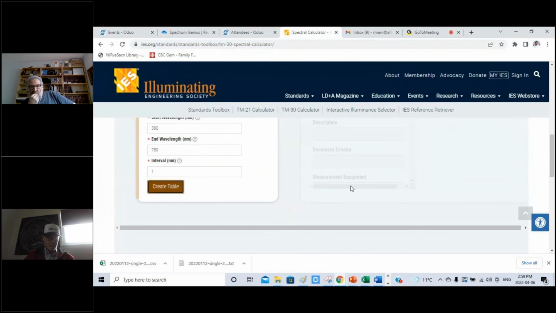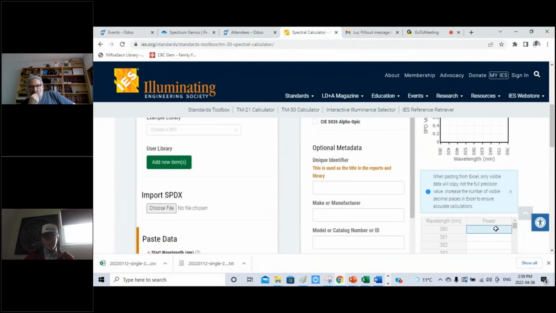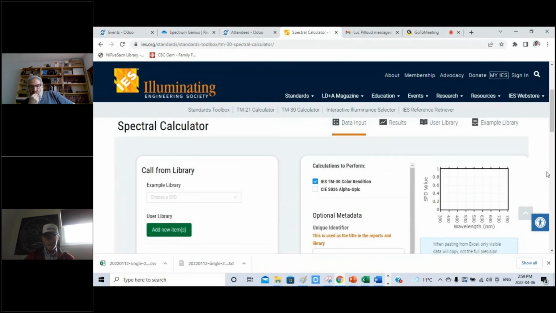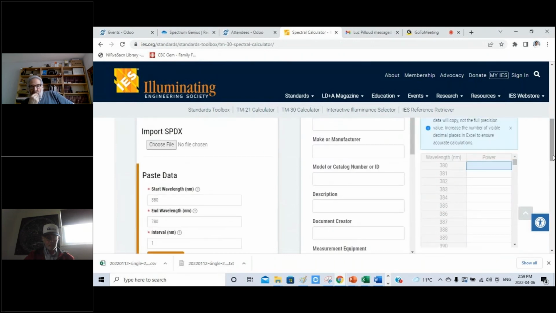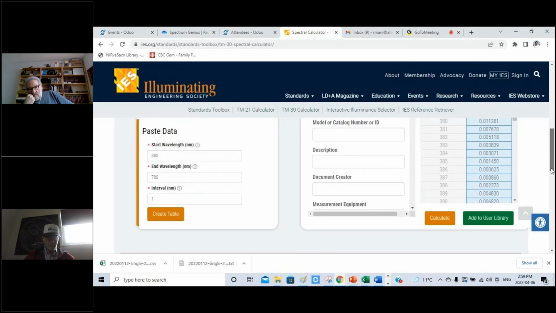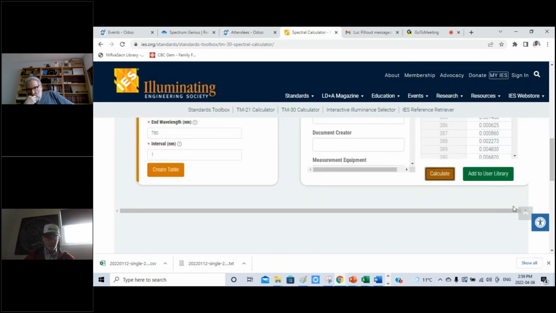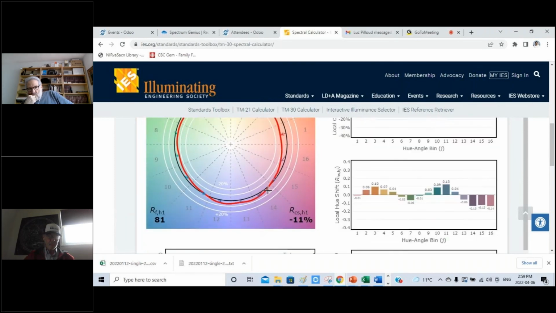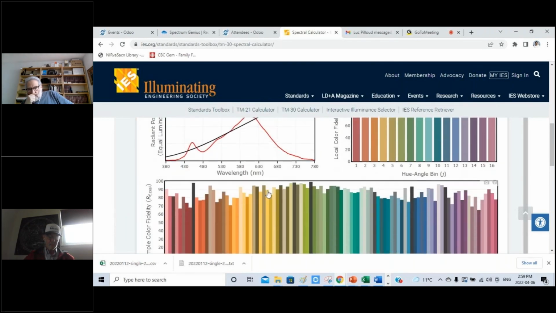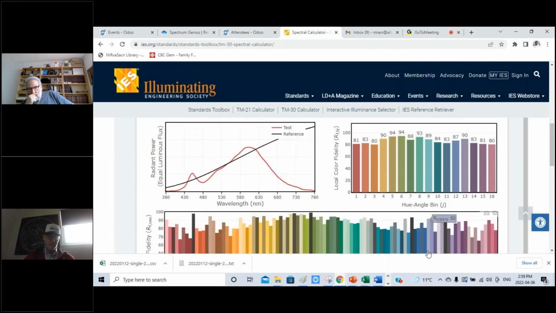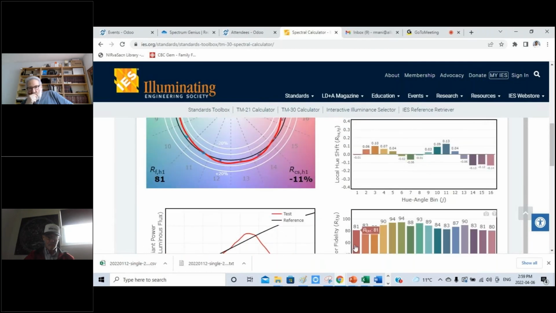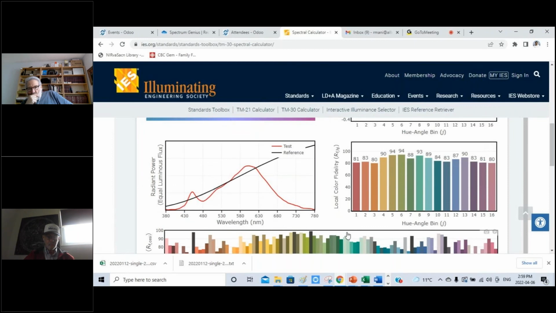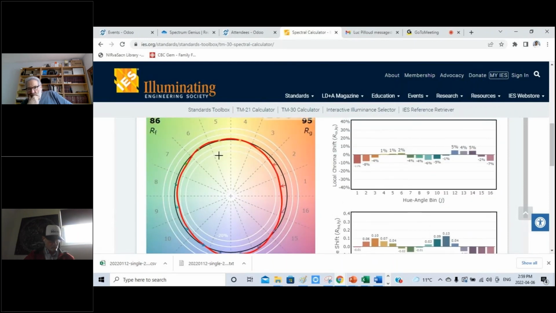You would create a table, and then you put it on the first row of this and do a Control V. So you paste all the irradiances there and then say calculate. Once you hit calculate, it generates the TM30 report with all the Rf, color fidelities, the hue shift, the chroma shift, all the values, the color vector graphics.